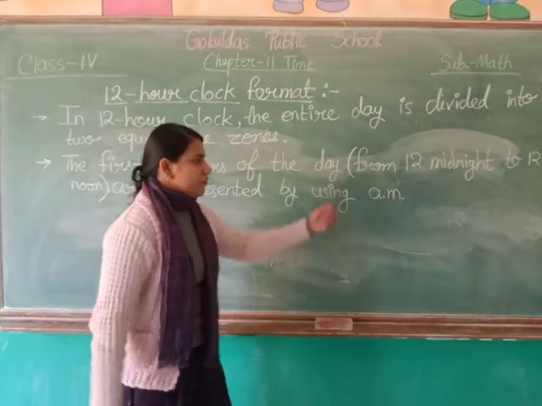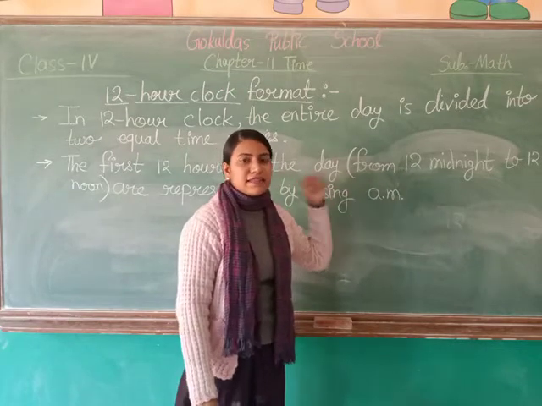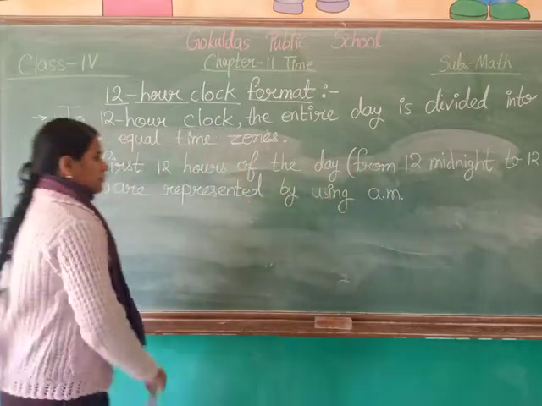What do we use? We use AM to represent the first 12 hours, that is the timing from 12 midnight to 12 noon.